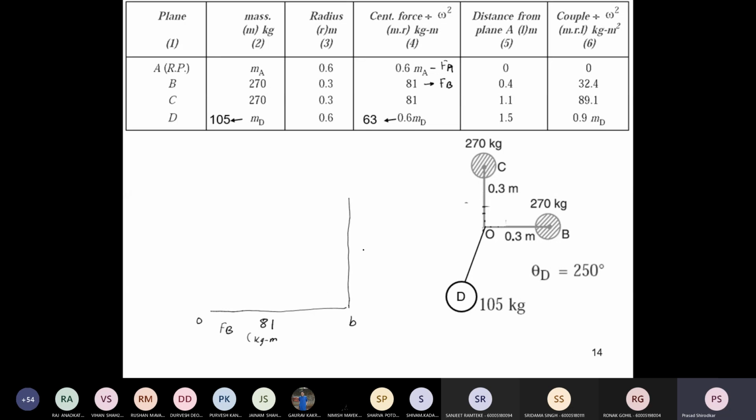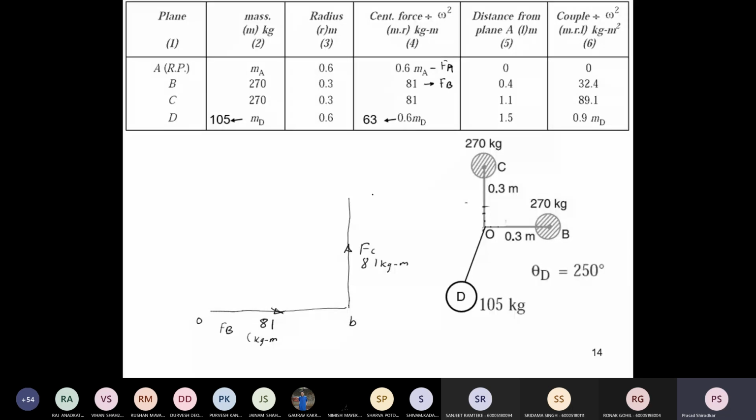Alright. Then FC, in the direction of OC, vertically upwards, and this is also 81 kg meter. Right.